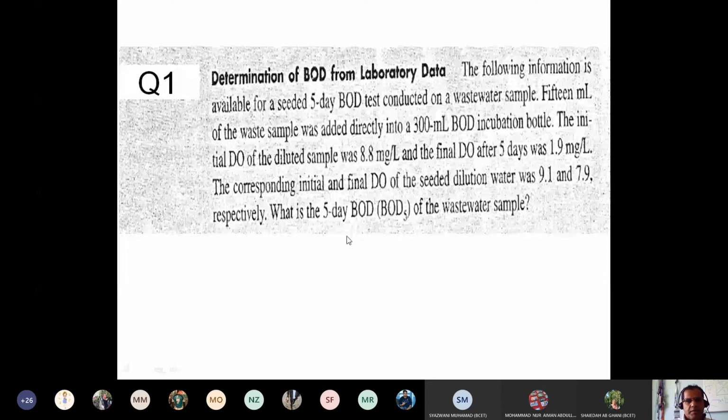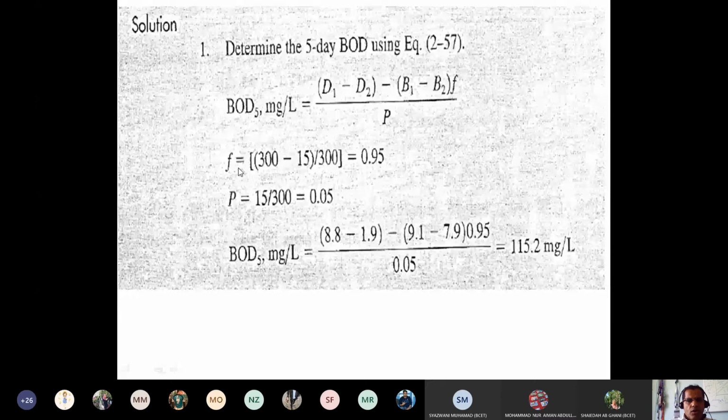We use the same equation I explained before. F will be how much? It will be 300 minus 15. This is the sample volume divided by total. How much sample volume? It will be 285 divided by the total volume of the sample, which is 300.